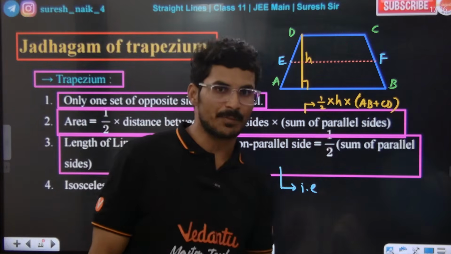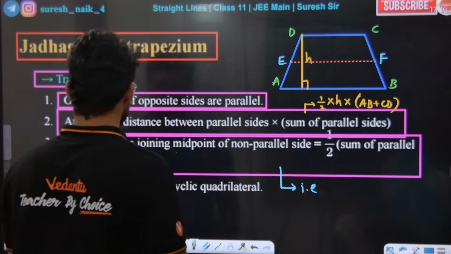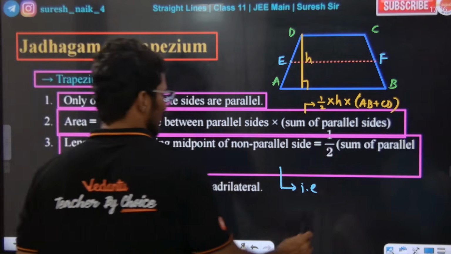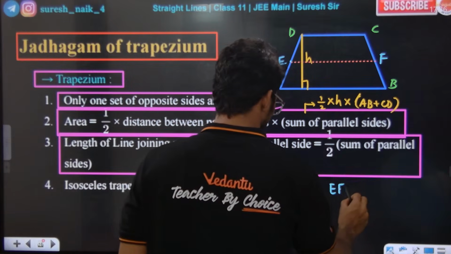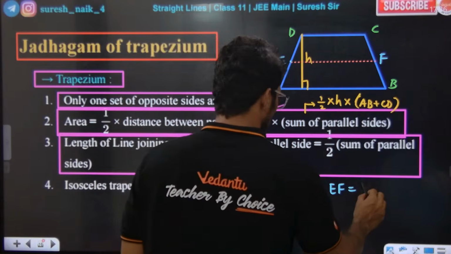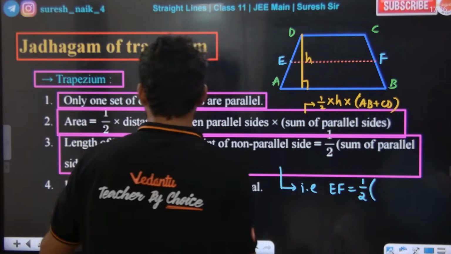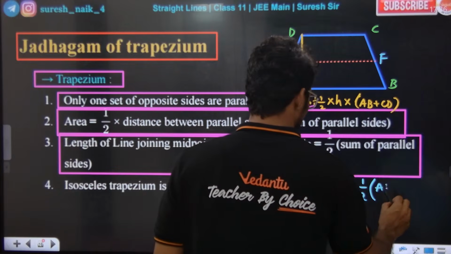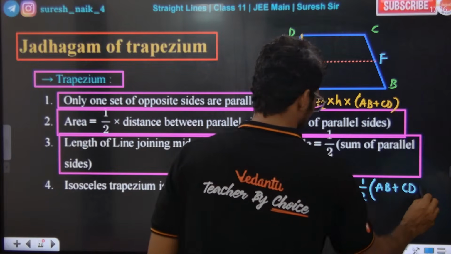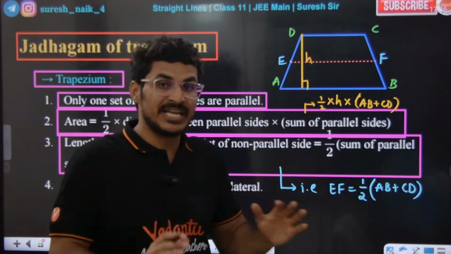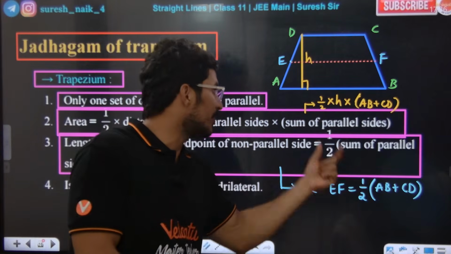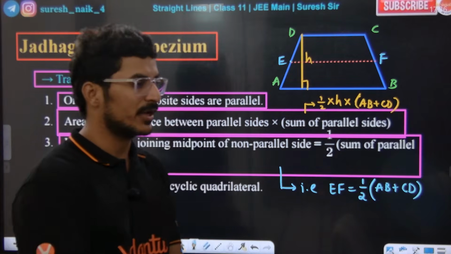Then EF is equal to half into the sum of the parallel sides, which is AB plus CD. That is the property.